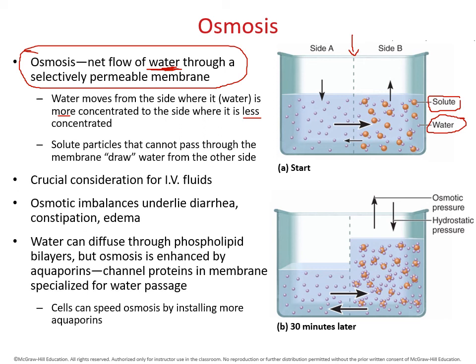It's not able to fit through it. So when you see that the water is moving, and you see that it's moving from a high to a low concentration, we call that osmosis.